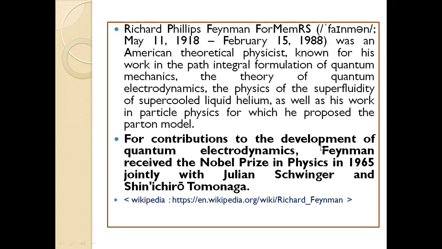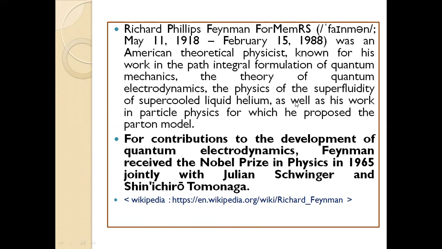For his contribution to the development of quantum electrodynamics, Feynman received the Nobel Prize in Physics in 1965, jointly with Julian Schwinger and Tomonaga. Sorry for my pronunciation. But the basic thing you have to remember is that Feynman is associated with quantum computing.